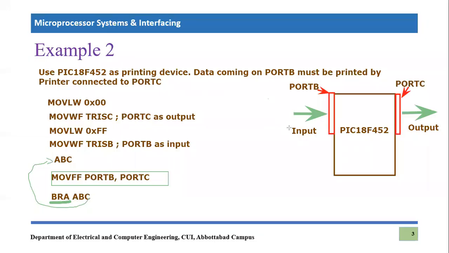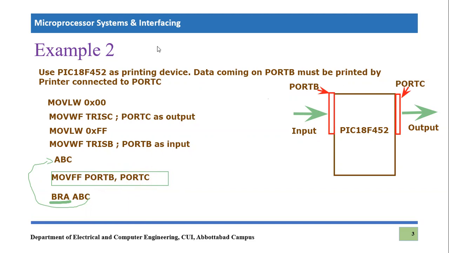One thing which is important to note here is that this instruction, move F to F, we are using for the very first time. So you must remember the syntax of this instruction. Move F to F is the mnemonic, and then we show the source file, a comma, and then the destination file.